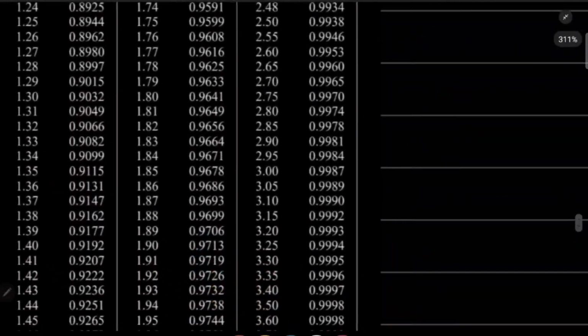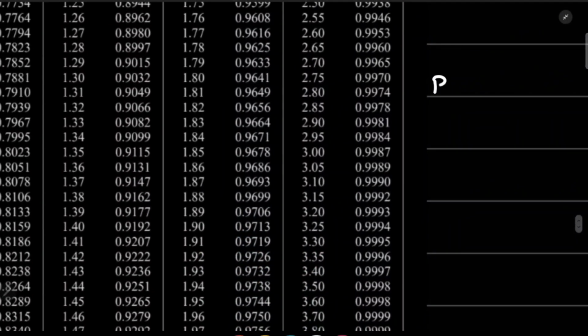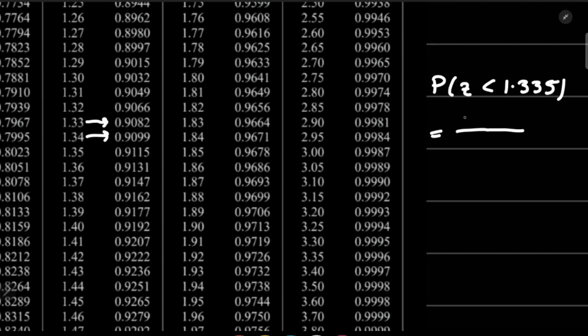So if I have to find the probability of z less than 1.335, this will be equal to the mean of 1.33 and 1.34. The value lies exactly between them. So if I find the average of their probabilities, I'll get an accurate expression for it. So I get 0.9082 plus 0.9099 divided by 2.